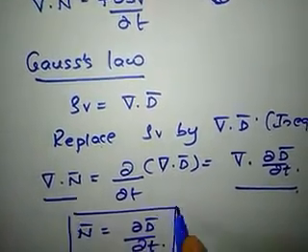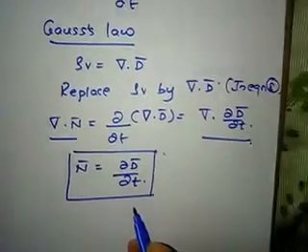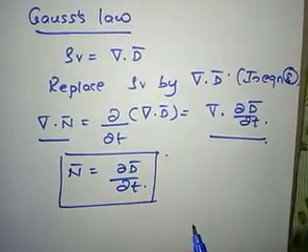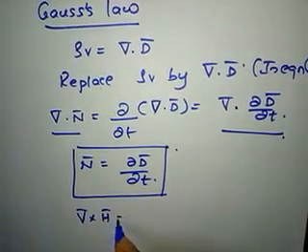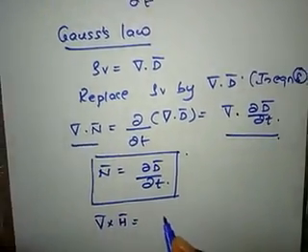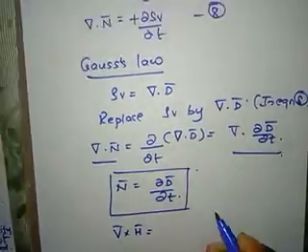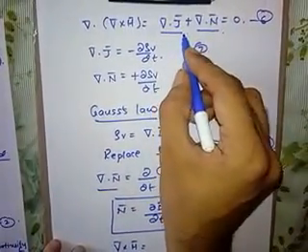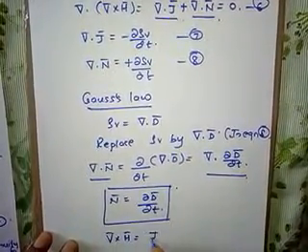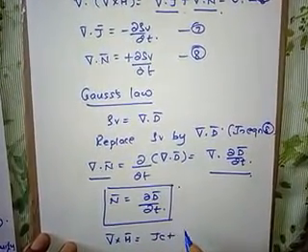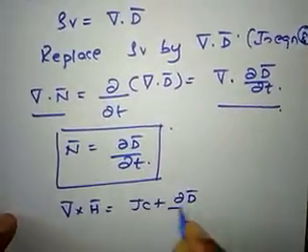Fine. So we got n bar, the unknown term that we had assumed at the beginning. Now we can write the equation del cross h bar is equal to del dot j bar plus del dot n bar. I can write it as jc plus dou d bar by dou t. Here I have taken j as jc, and n bar as dou d bar by dou t.